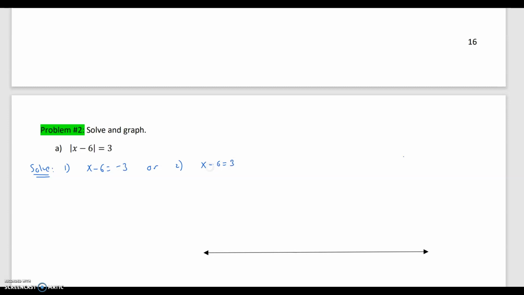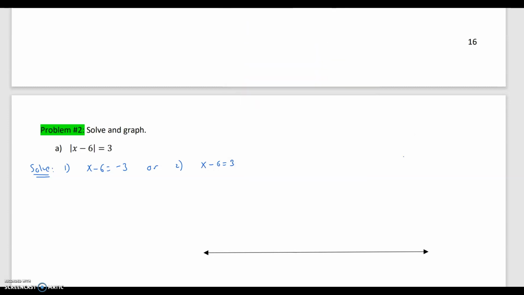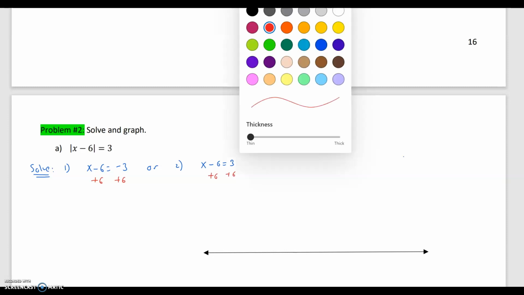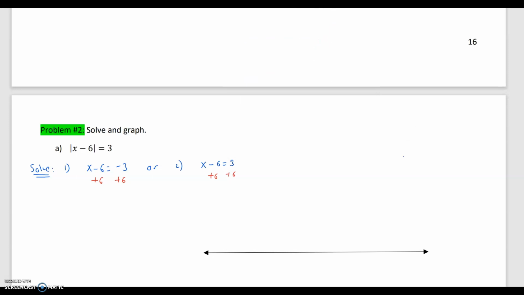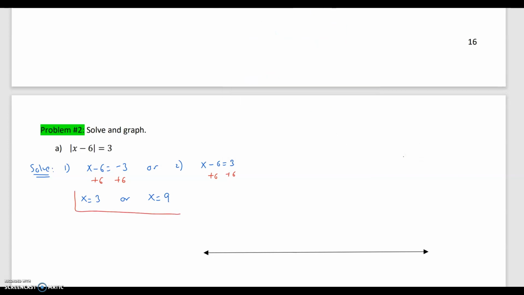Your unknown remains the same, x minus 6. And then on this one, we're just going to be adding the 6. And the solution here ends up being x is equal to 3, or x is equal to 9. So this happens to be our solution.